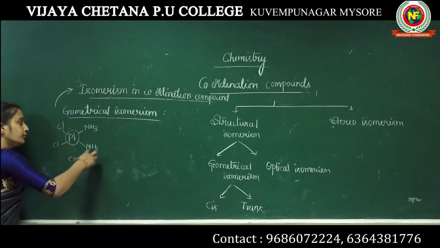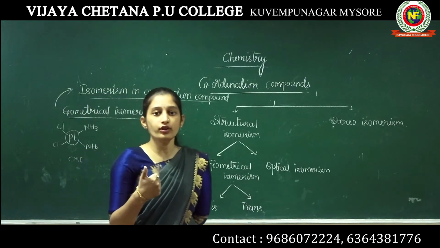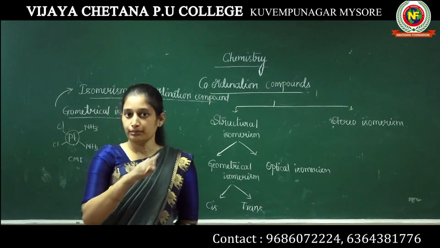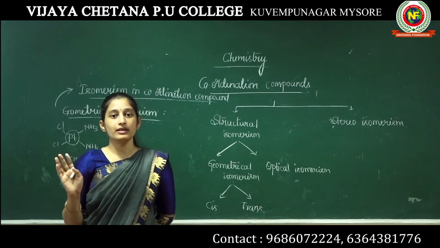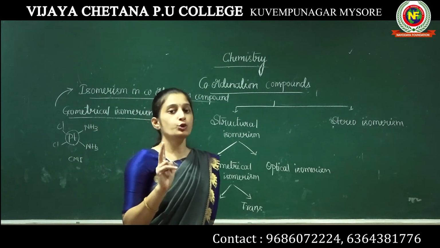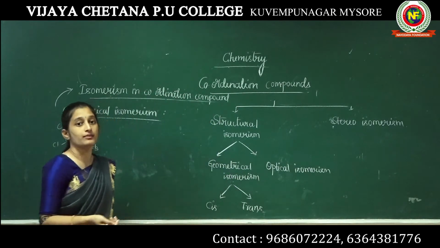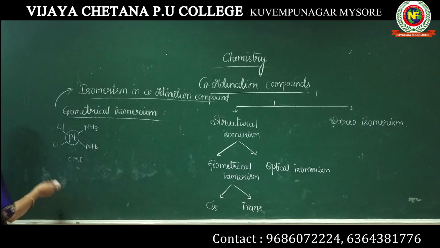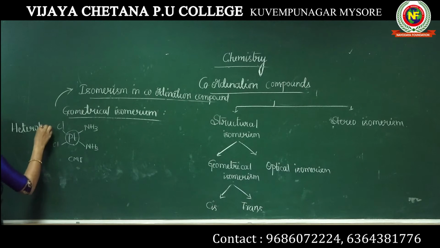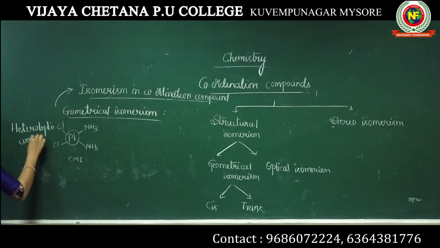Around platinum, two types of ligands are there, one is chloride and the second is ammine. If more than one type of ligand is present, what type of complex is that? That is a heteroleptic complex.